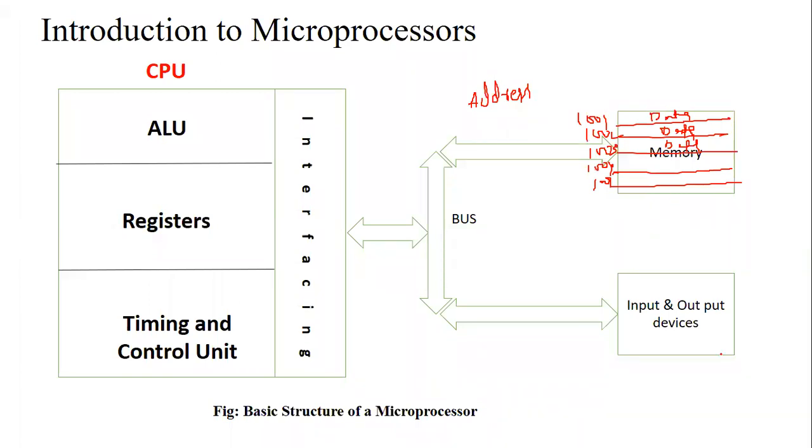Suppose these are the addresses 1001, 1002, 1003, 1004, 1005. At these address locations we have some data.